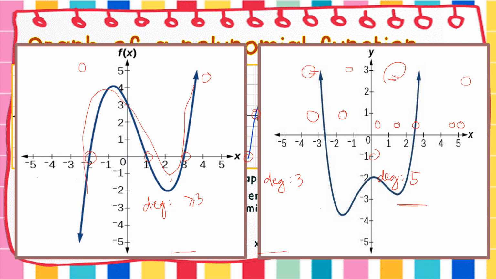Also this one. Bilangin natin kung ilang turning points. Sige nga, ilang turning points? Yes, 4. 1, 2, 3, 4 turning points. And how many times did it intersect the x-axis? 2.